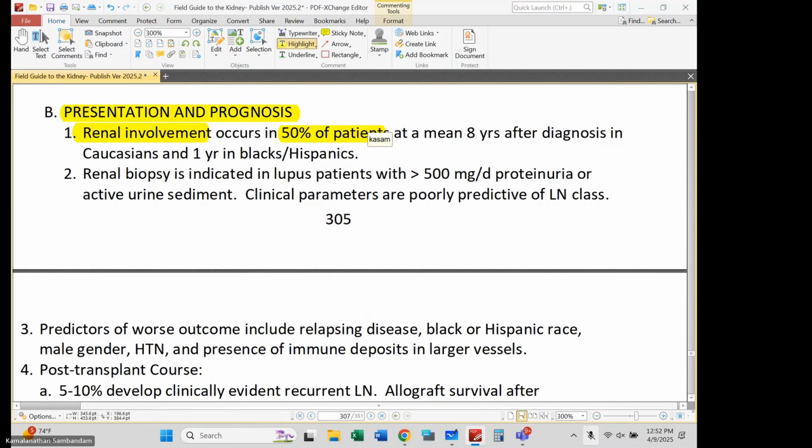Hispanics and Blacks have more frequent renal involvement than Caucasians and East Asians, and also have a more severe disease course. So that's an unfortunate disadvantage as well.